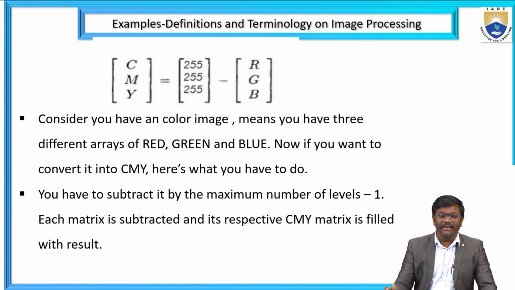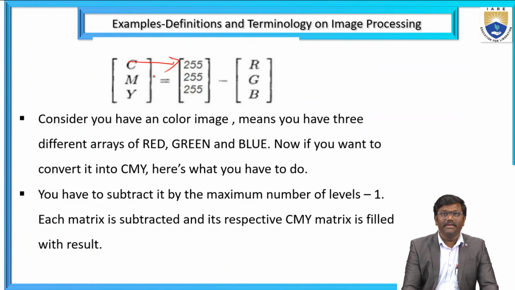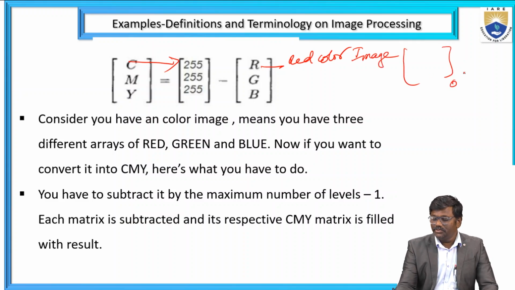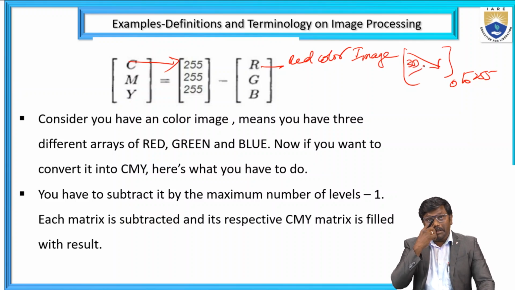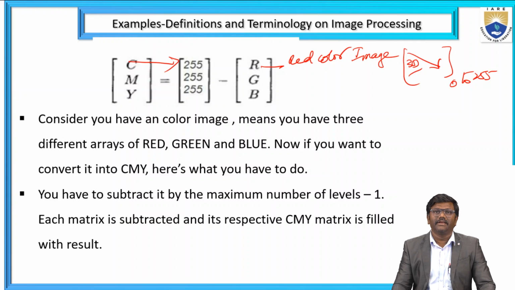So as I said here, C is becoming one image. What is this image? This is a red color image. How many values does it contain in terms of formation? 0 to 255 pixel values, as a 3D image or 2D image. You can consider a 3D image. Consider you have a color image, meaning you have 3 different arrays of red, green and blue.